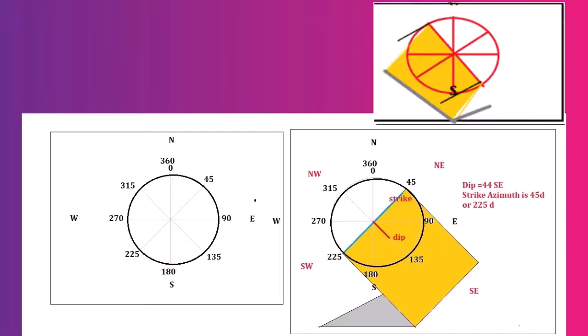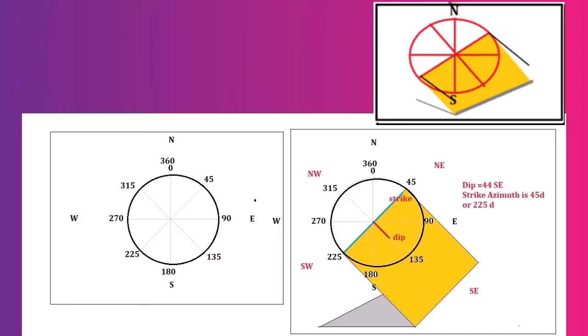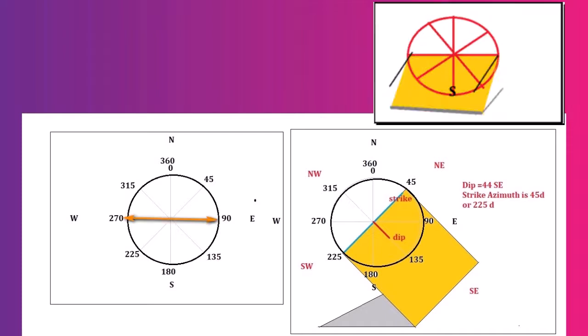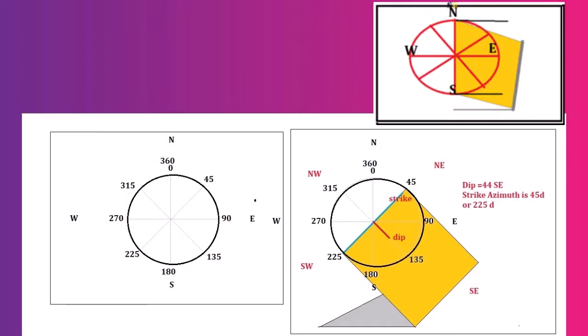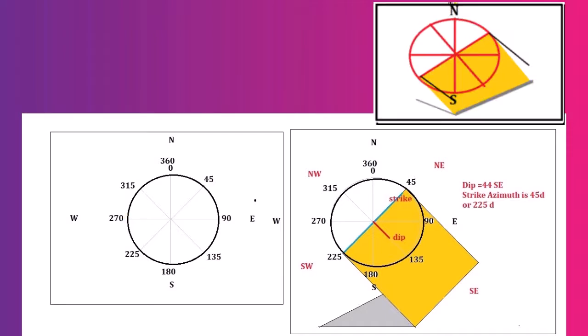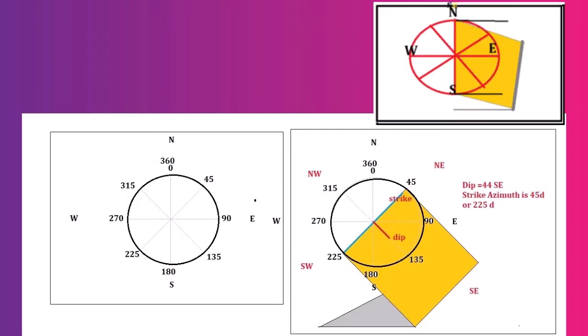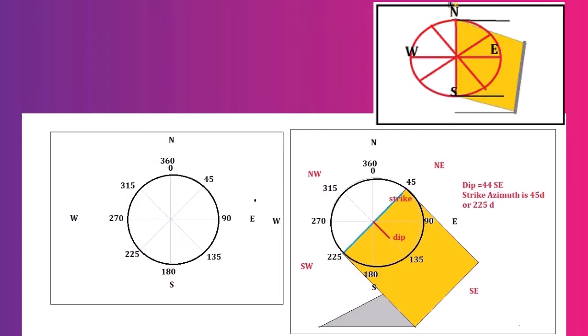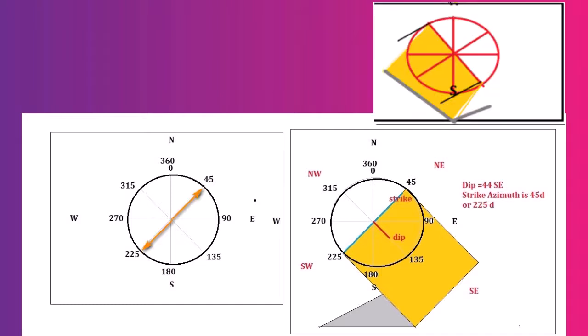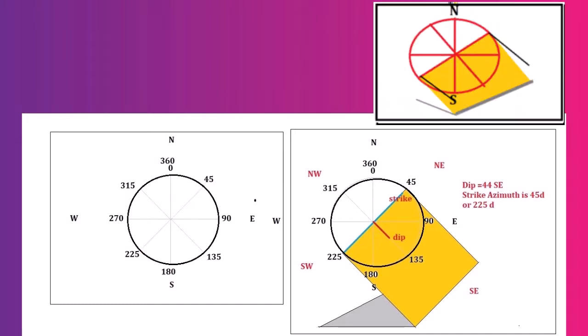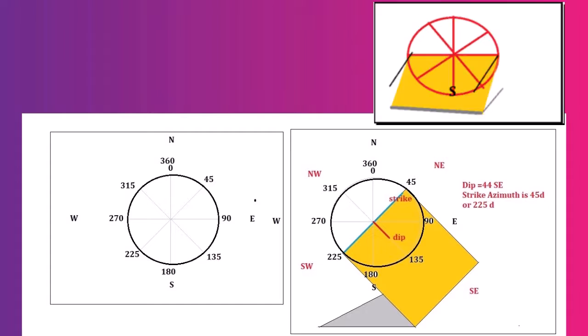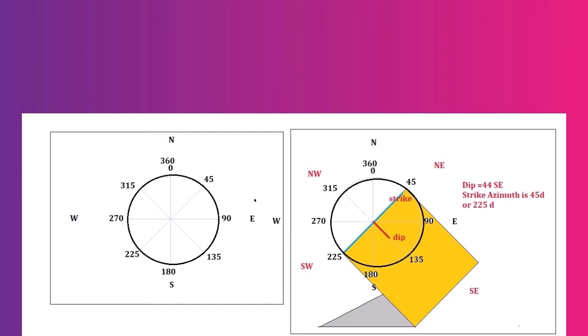If the azimuth is 90 or 270 degrees, then the direction of the strike is east-west. If the azimuth is 45 degrees or 225 degrees, then the direction of the strike is northeast to southwest.